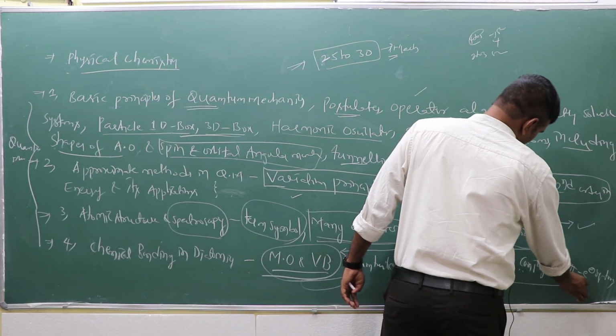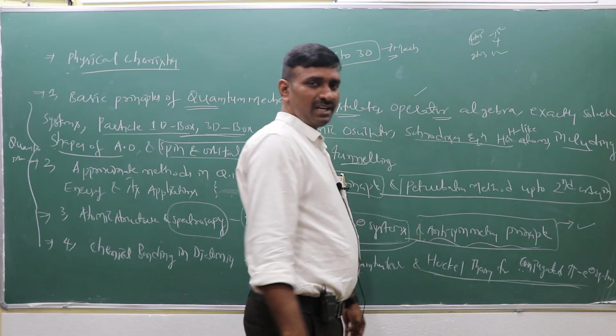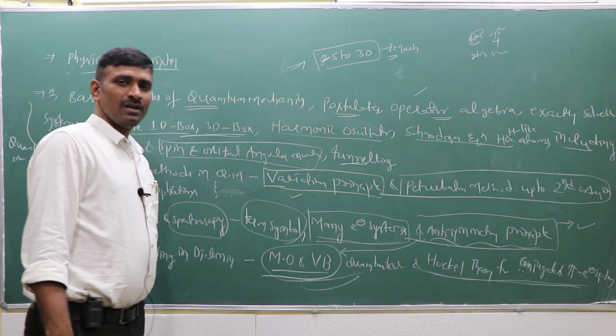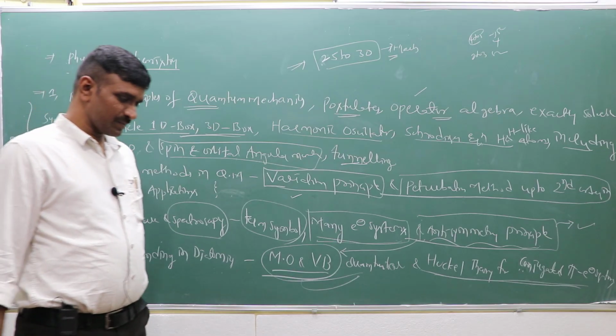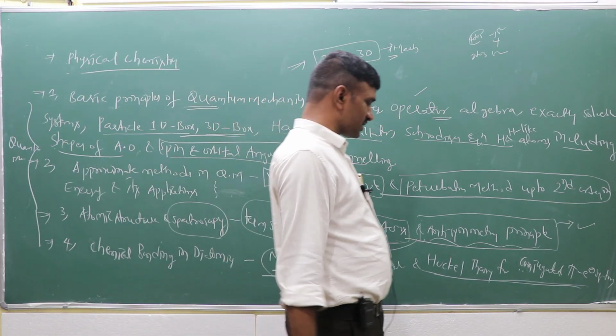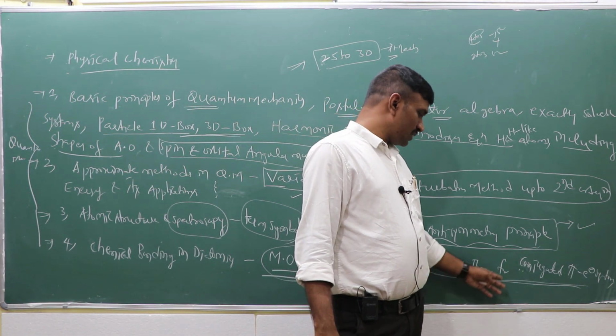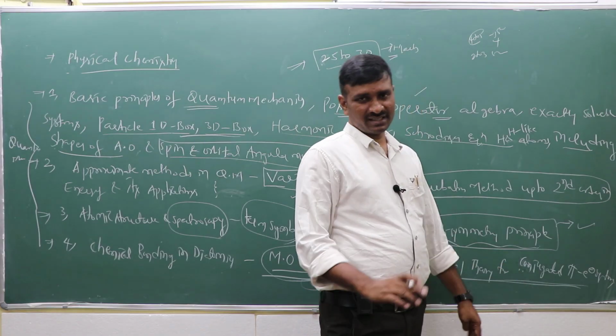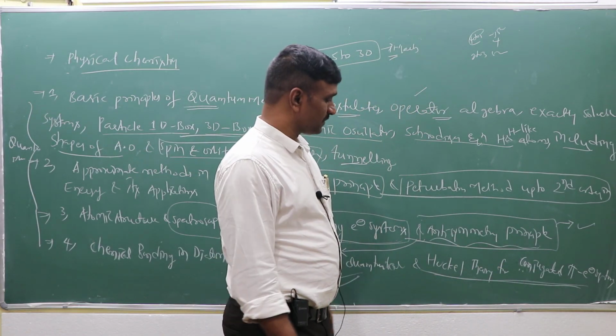Another area is Huckel theory of conjugated pi electron systems. In these pi electron systems, we have seen cyclic molecules and acyclic molecules, right?